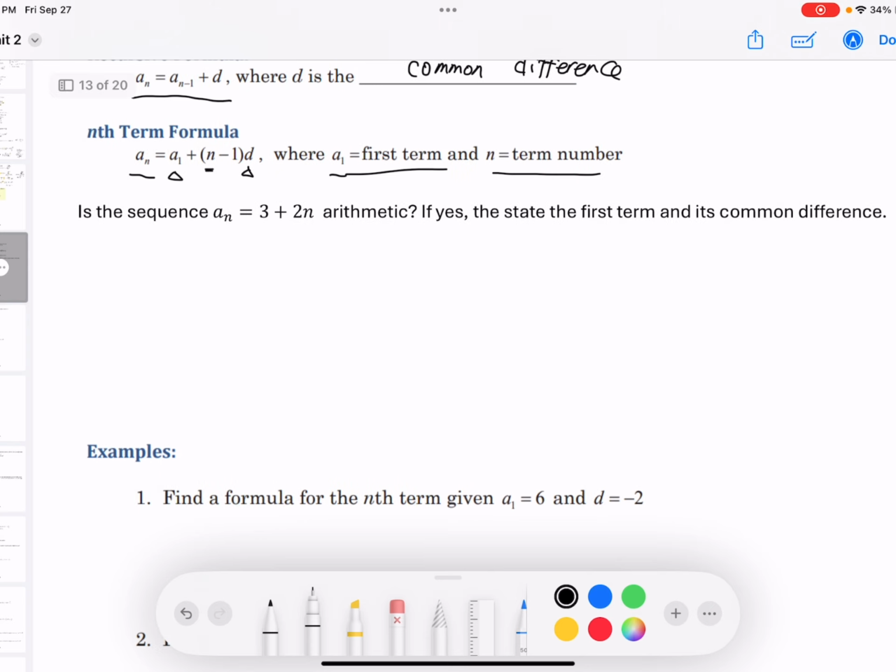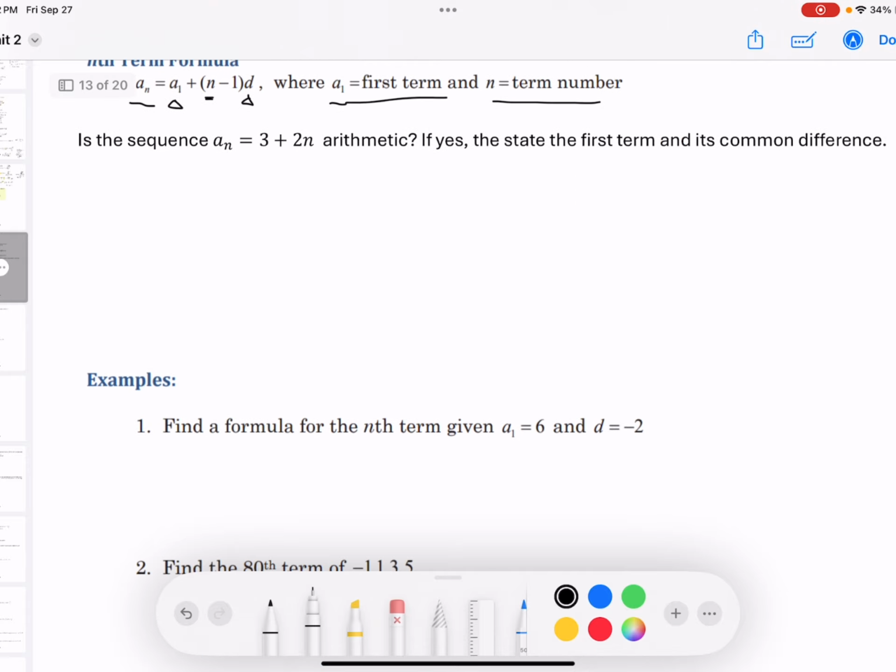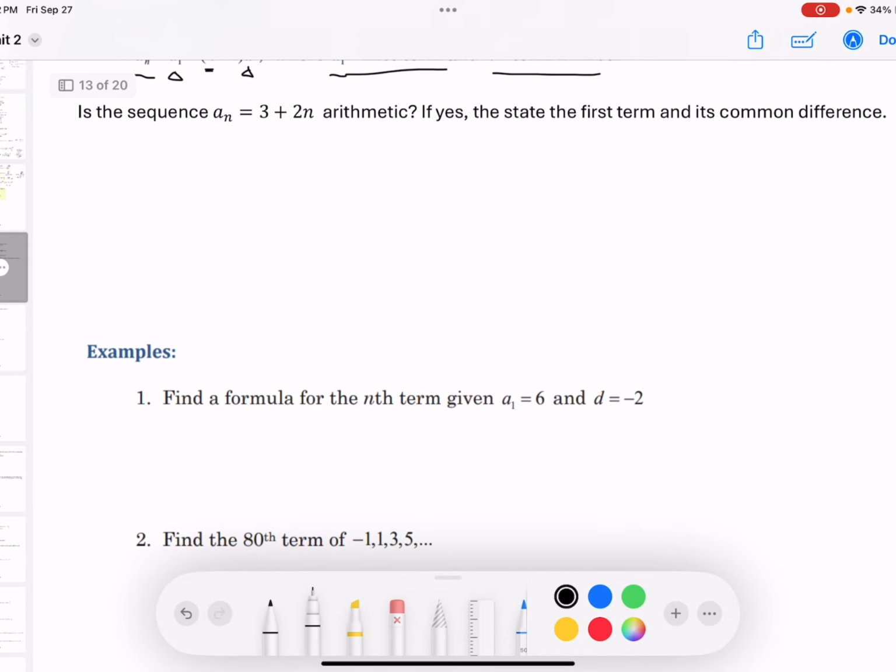Is the sequence a sub n equal to 3 plus 2n arithmetic? If yes, state the first term and its common difference. Okay, we can use this one to verify if a sub n plus 1 minus a sub n is equal to d. What is a sub n plus 1?